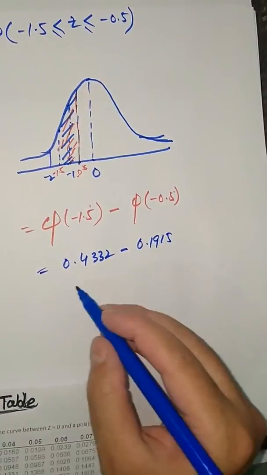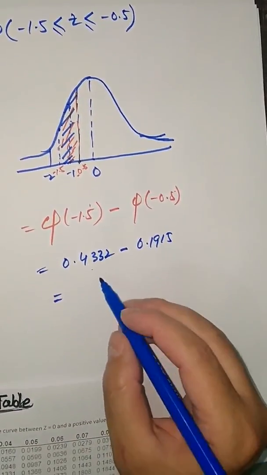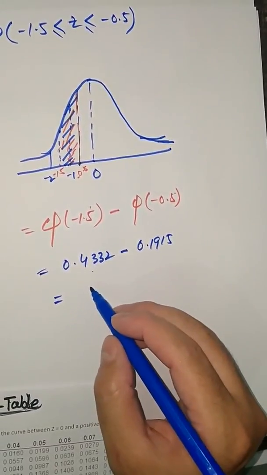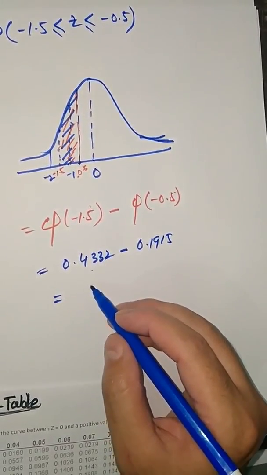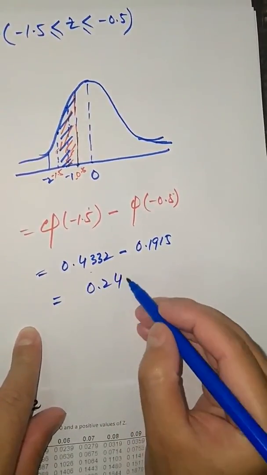So I will get the answer by subtracting this value from this value. The probability, or the area under this shaded region, is equal to 0.2417.